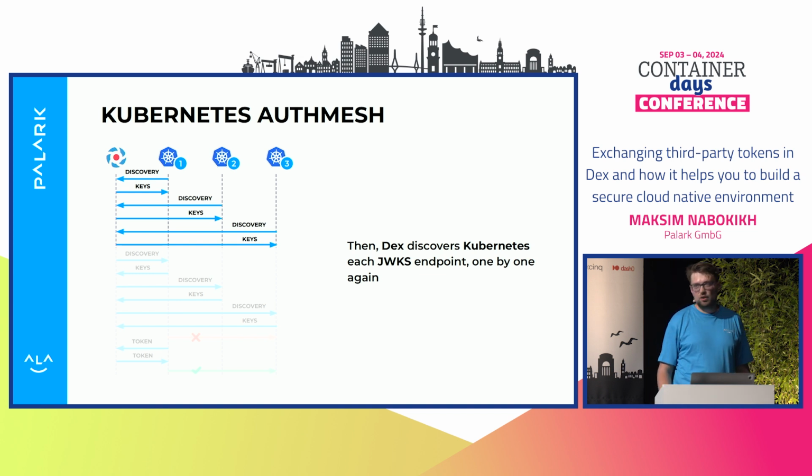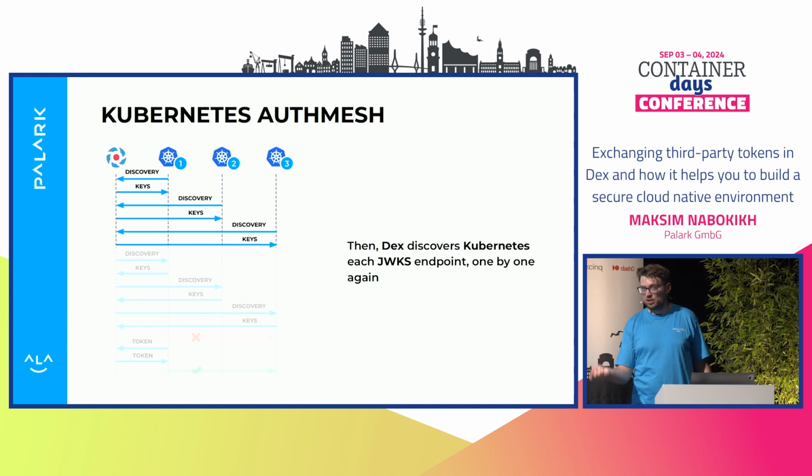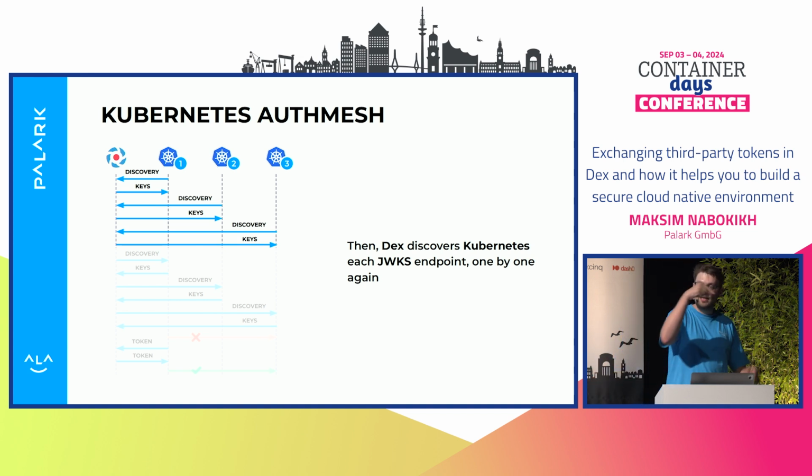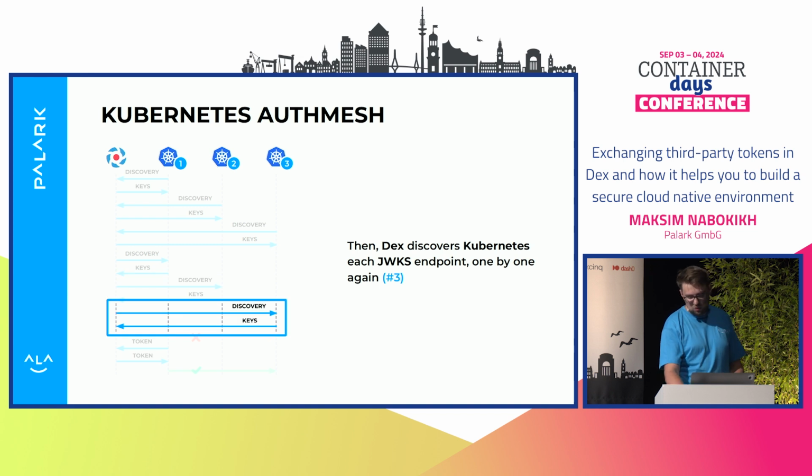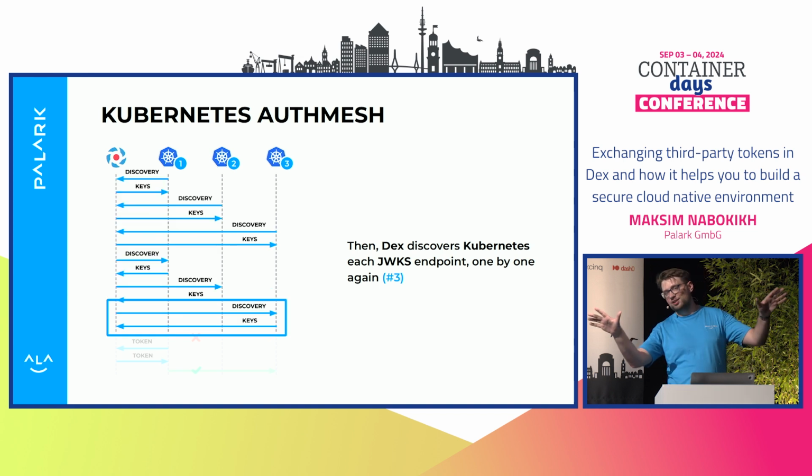And then, because Kubernetes has an OpenID Connect endpoint, it can also be connected to DEX via a connector as an authentication provider. So we are connecting all 3 clusters to DEX as providers. And now we have a full mesh, and each cluster can authenticate through DEX in other clusters.